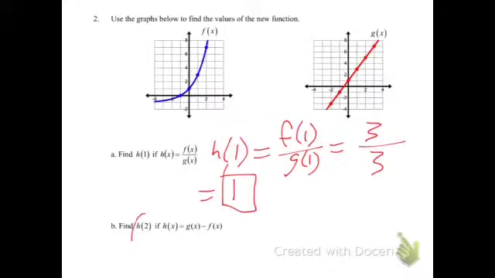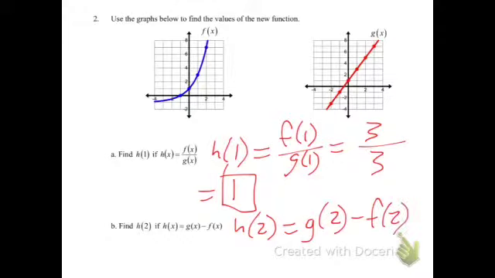For 2, you had to get h of 2, and so in order to get h of 2, you had to get both g of 2 and f of 2. Notice how this one's a different operation with the functions. I gotta get g of 2 and subtract f of 2. Well, for g of 2, I need to go where x is 2 and find how tall the function is.